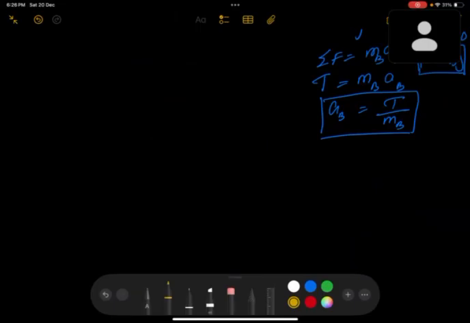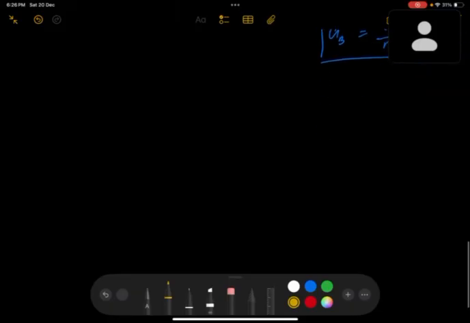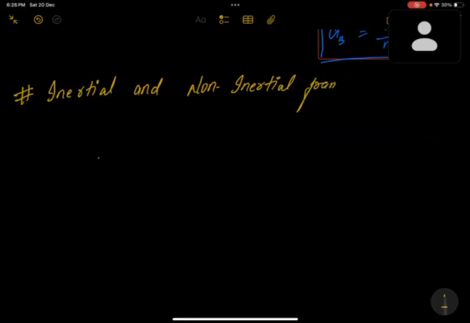So now we are going towards our next topic, that is inertial and non-inertial frames. There are two types of frames: one is inertial, another is non-inertial.